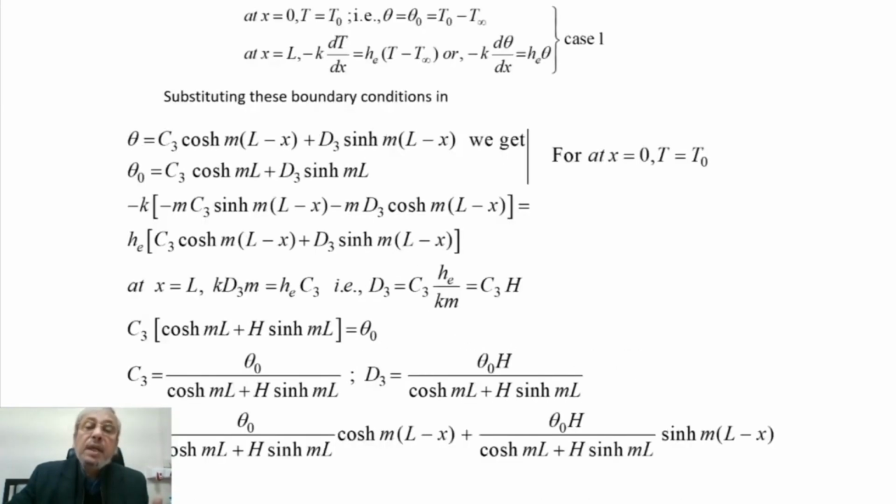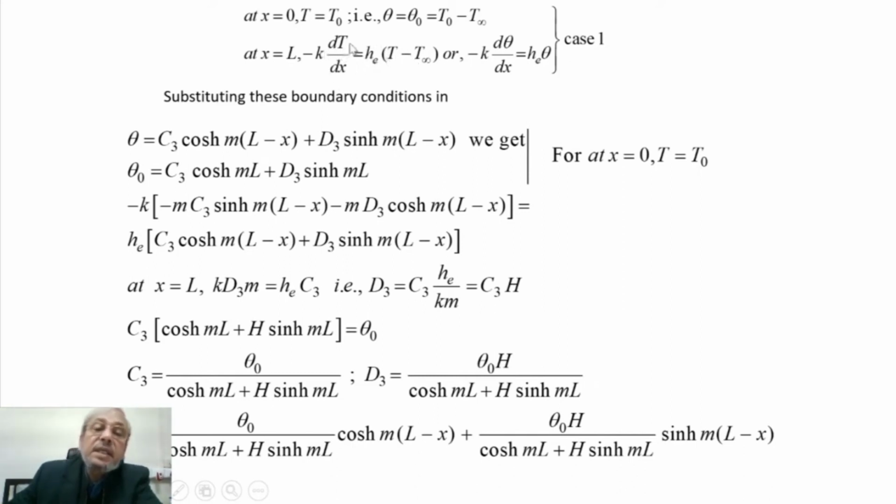the same. Now x equal to 0, T equal to T naught, the base temperature, we can say x equal to 0, theta equal to theta naught. Theta is the excess temperature over the ambient temperature. So it is T naught minus T infinity, which is theta naught. At x equal to L, minus k dT/dx equal to h_e (T minus T infinity).